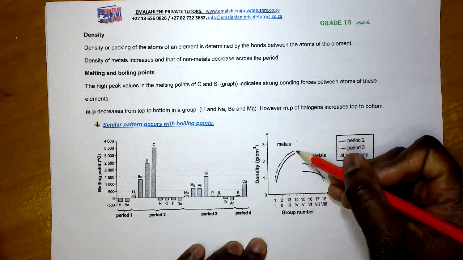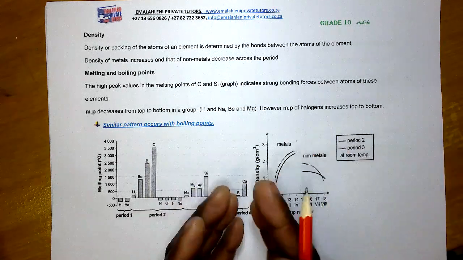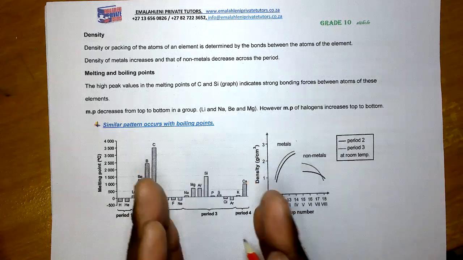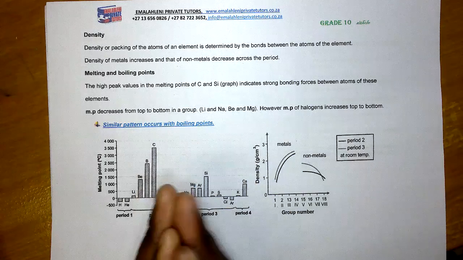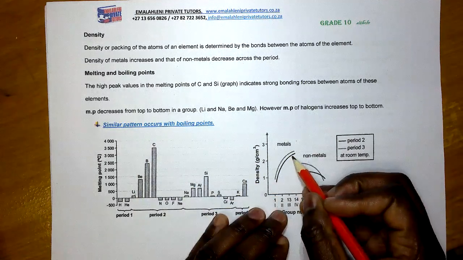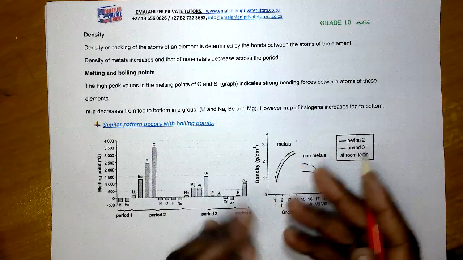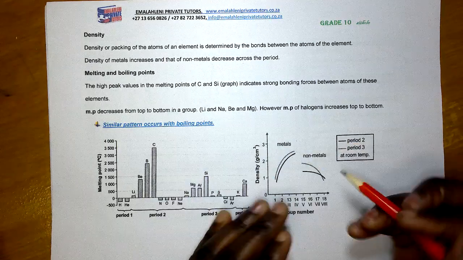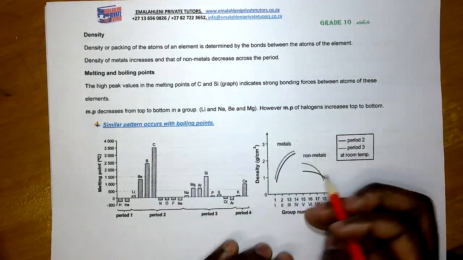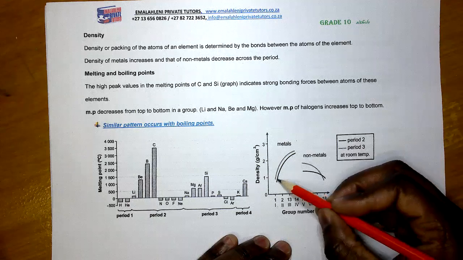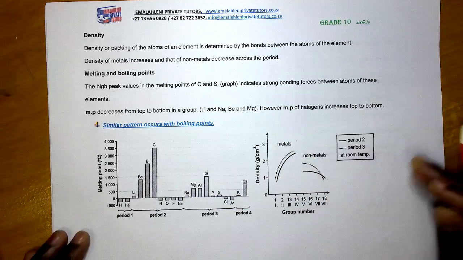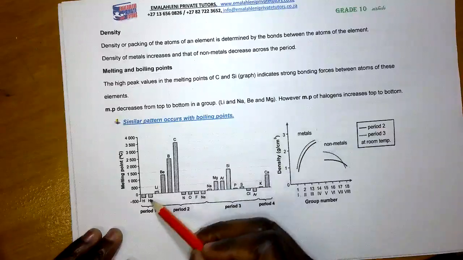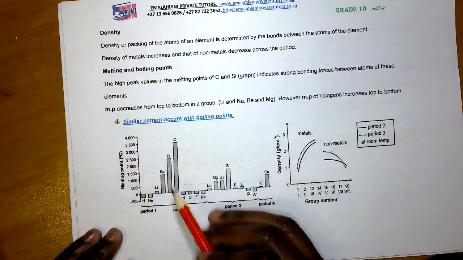This has to do with bonding, how closely your atoms are pegged together. Here you find that they are much pegged together because of the bonding as well. Metallic bonds are quite strong compared to covalent bonds. This is the reason why we are having an increase in the density and a decrease in the density on nonmetals.